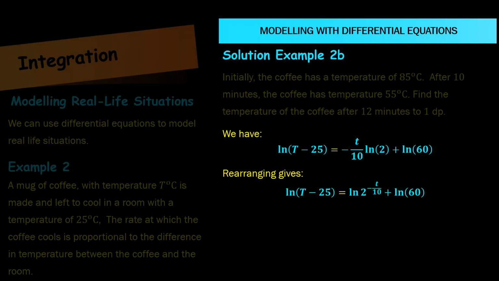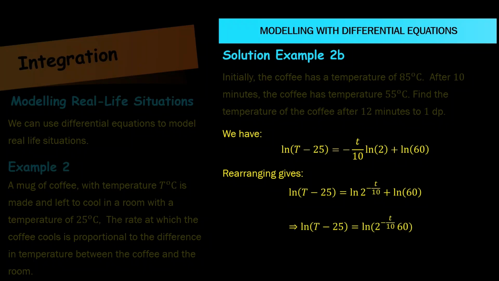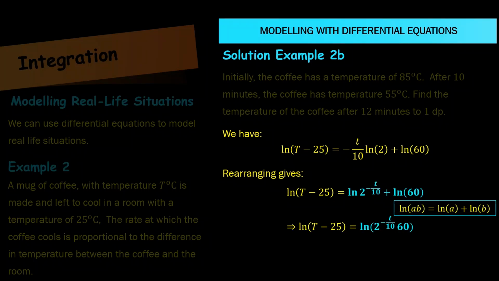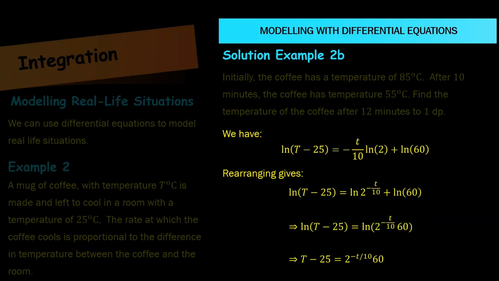And using ln of ab equals ln a plus ln b, gives us this expression. And therefore clearly T minus 25 equals 2 to the power of minus t over 10 times 60.